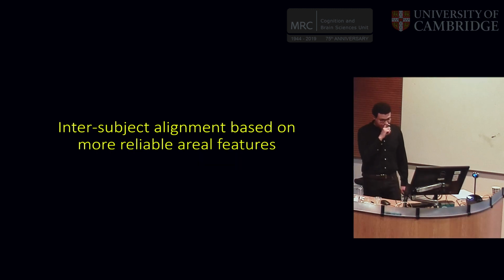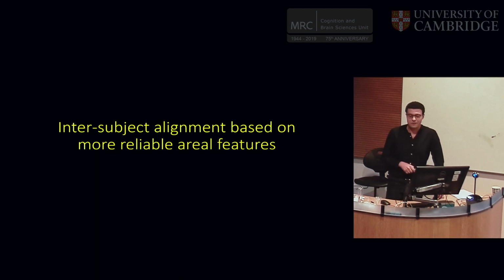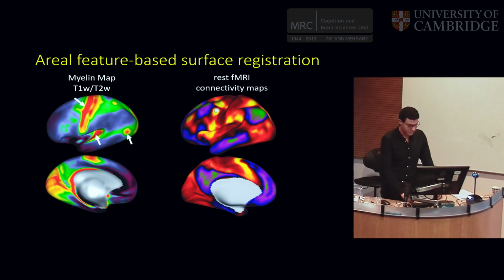One of the most central tenets in the HCP approach is to use more reliable features related to cortical areas to align the brains together. I've already mentioned that folding features are not that good because of their variability. What we can use instead is something like myelin maps.